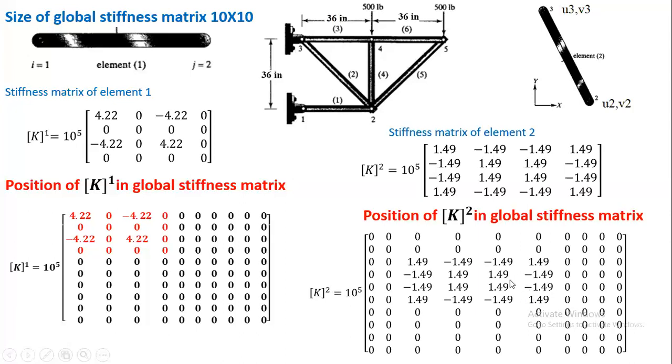Okay, it starts from 3 3, ends at 3 6, and here it goes up to 6 6. According to that you do the addition. Now this is for the second element.